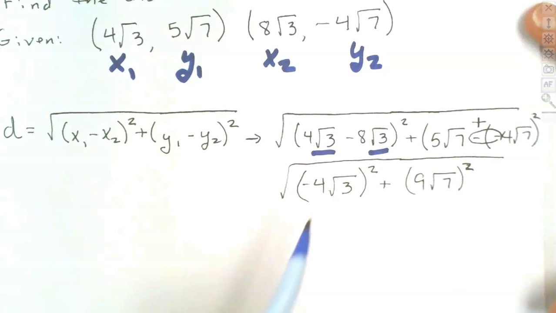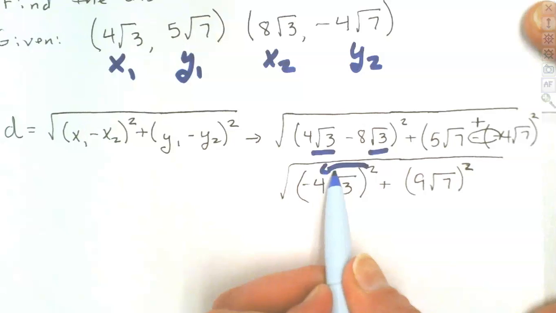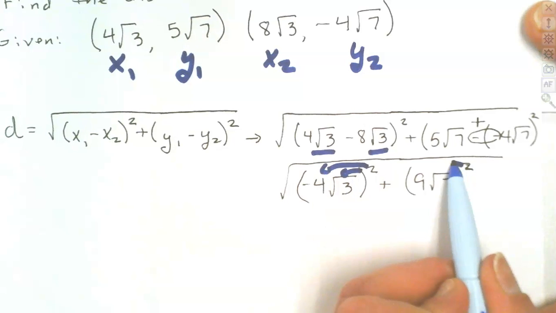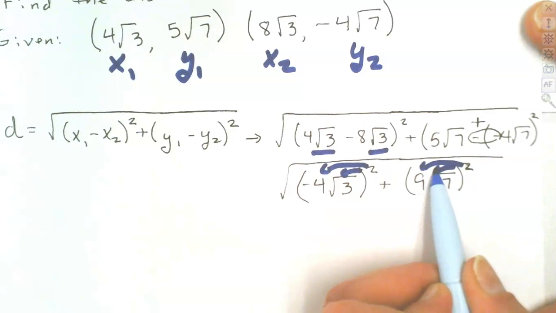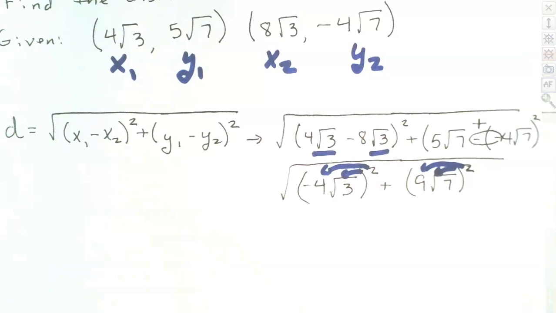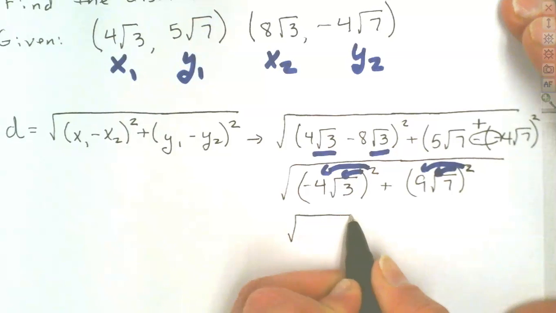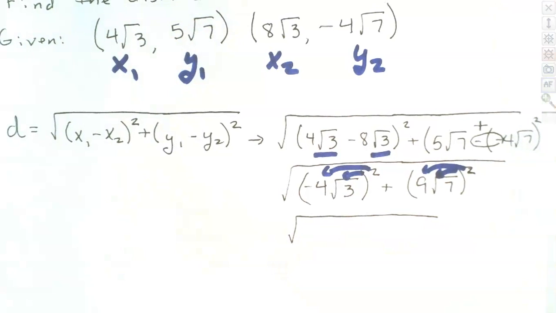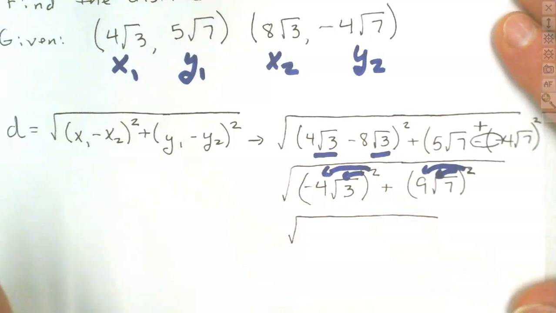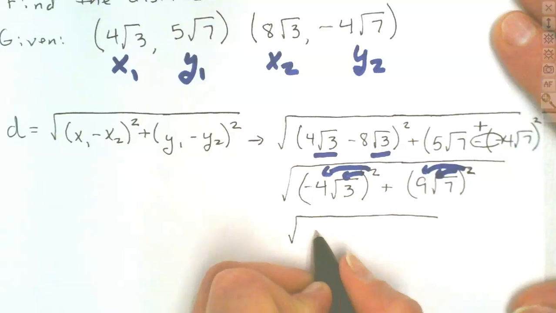Now what we do is we go ahead and distribute that square through each part of it. With the whole numbers, we'll square those out. With the square roots, well, they're going to go away. So let's look at the first one. Minus 4 squared, when we square a negative, again, that makes that a positive.